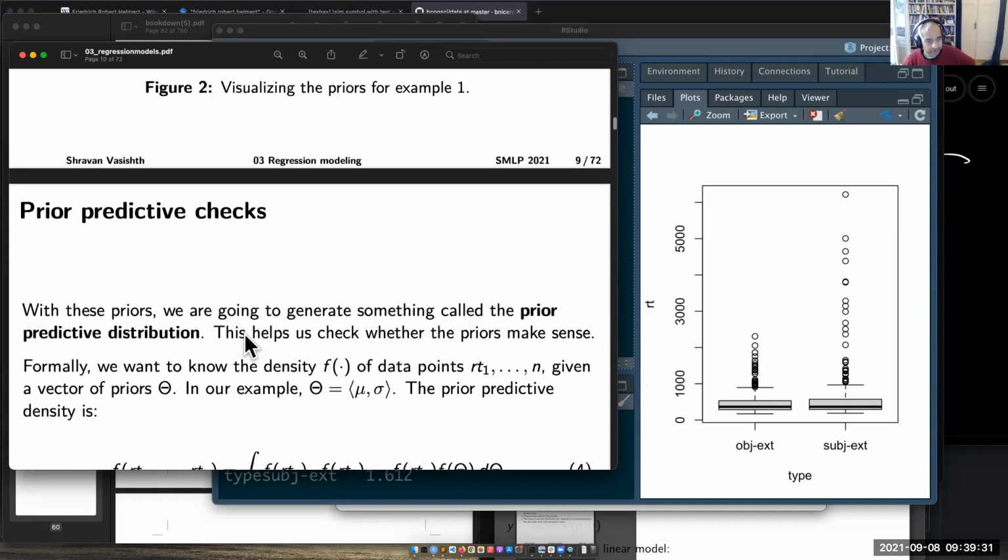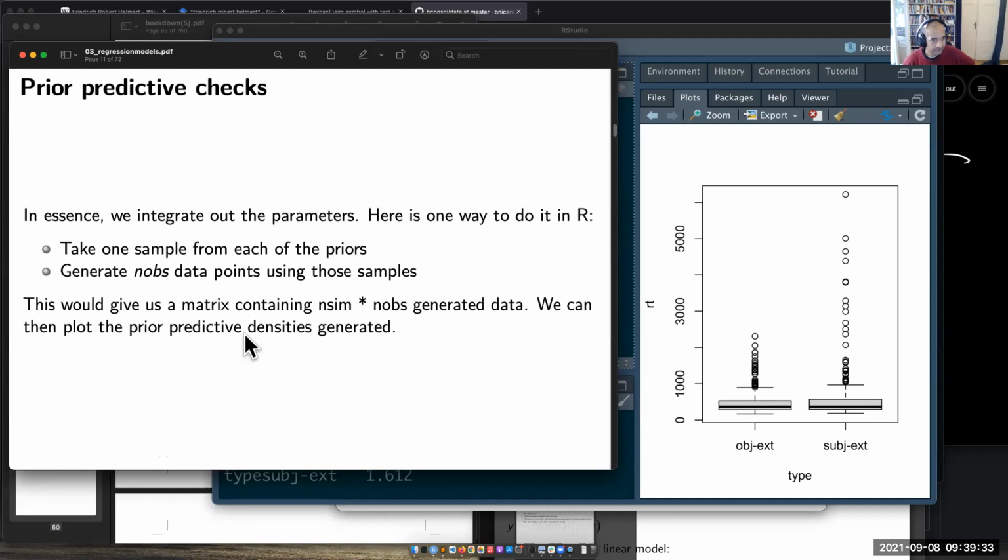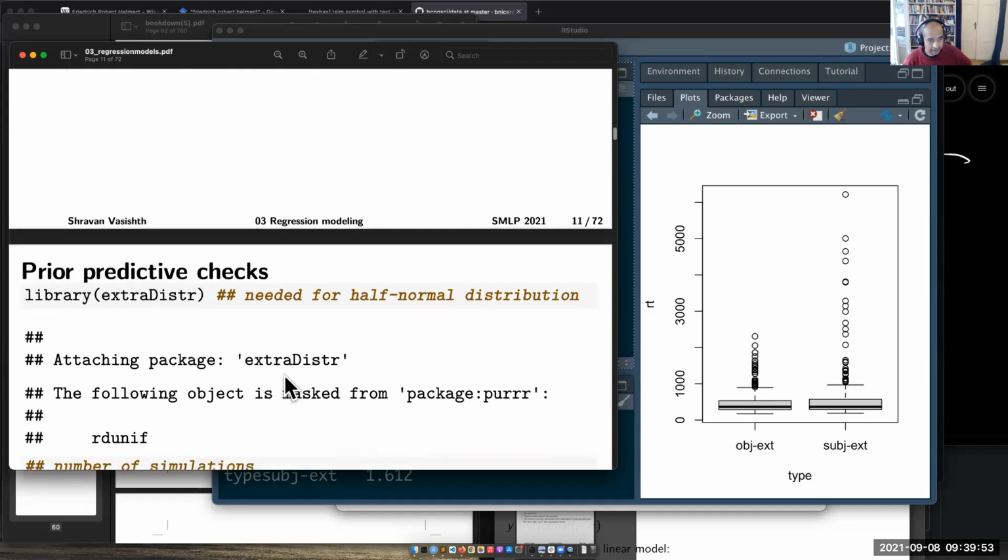So that's how I produce prior predictive data. Very easy, right? Okay, so we would get basically a matrix, right? If I do 4,000 simulations like this, I sample 4,000 times from the prior and produce, let's say, 400 data points each time, I'll get a 4,000 by 400 matrix, right? That's my prior predictive density, right?